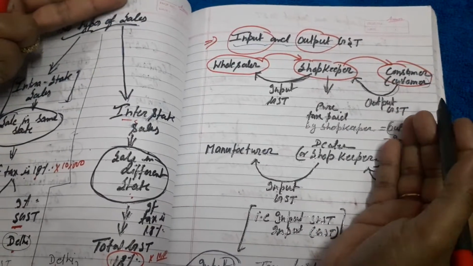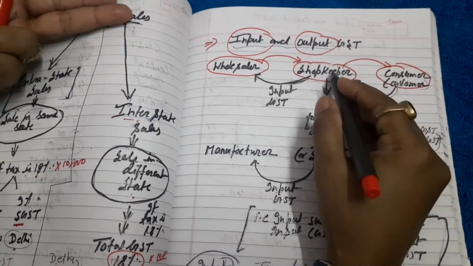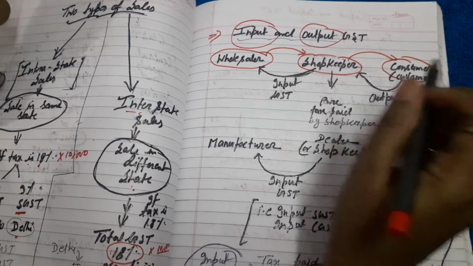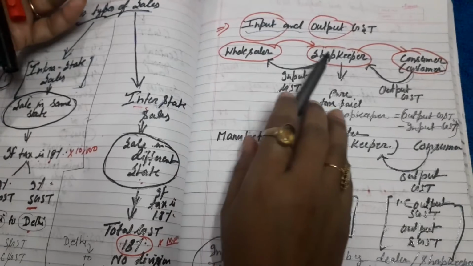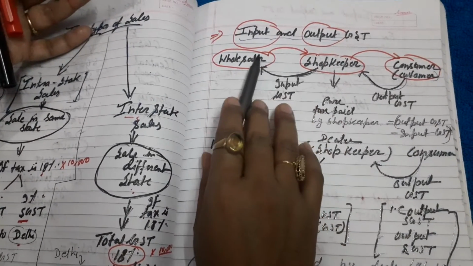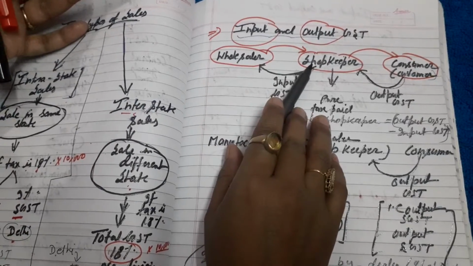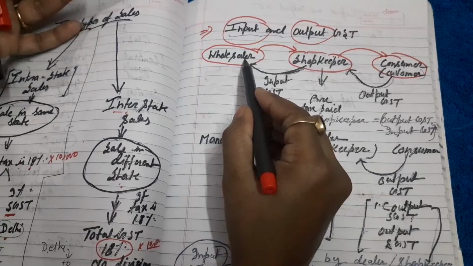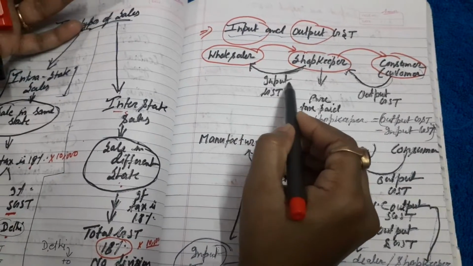What about the government? We need to pay tax to the government on each article. So what is going on, you try to understand. When the wholesaler sells any item to the shopkeeper, the shopkeeper will pay the price of the article plus a tax. So the tax paid by the shopkeeper to the wholesaler is termed as input GST.